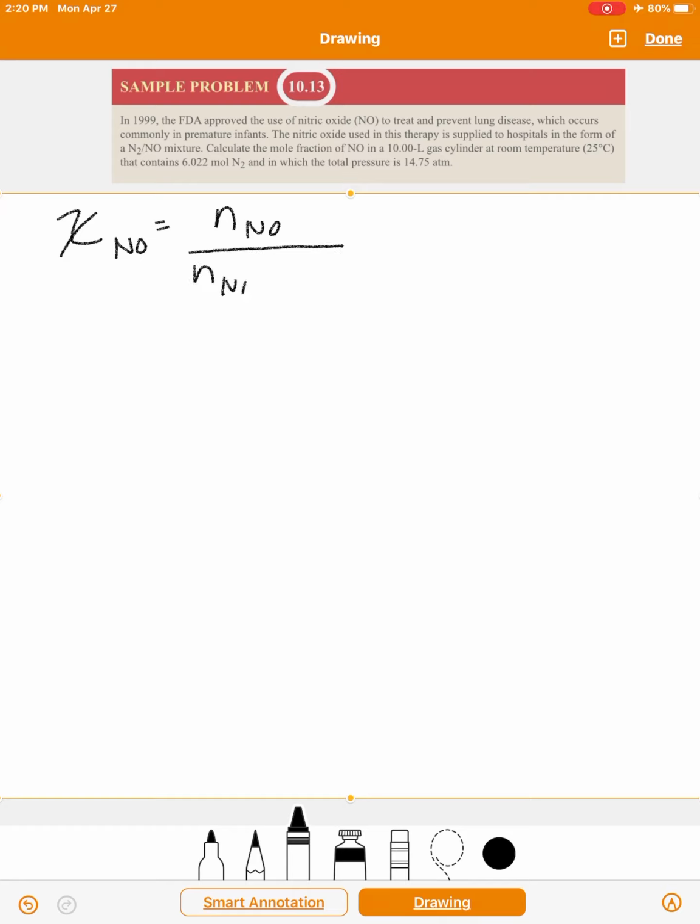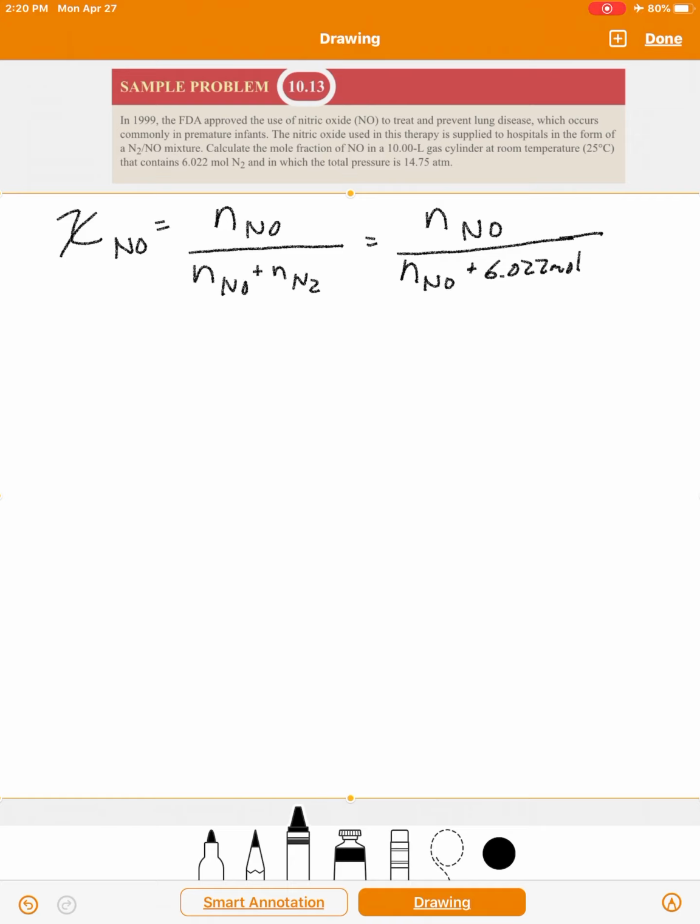That would be the moles of NO plus the moles of N2, and we know the moles of N2 is 6.022. So it can be expressed as the moles of NO divided by the moles of NO plus 6.022 moles of nitrogen, right? Moles of the substance you're interested in divided by the total number of moles.